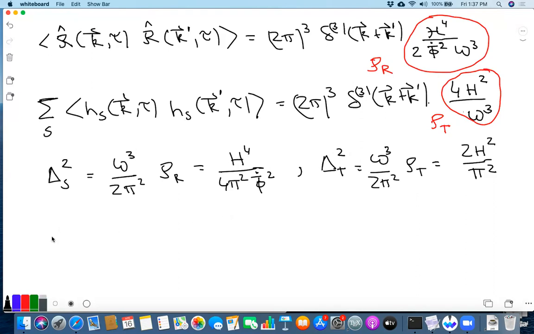We'll also introduce another quantity, the tensor to scalar ratio. So that R will be defined as delta T square over delta S square. That is 8 phi bar dot square over h square.